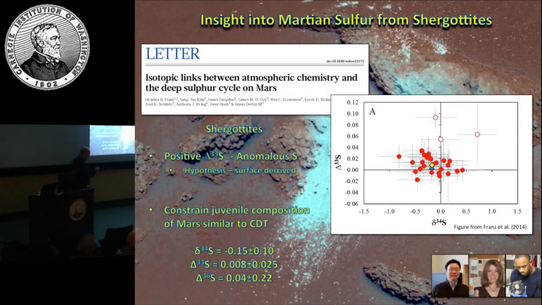This first plot here is from a figure by Heather Franz. This is Heather, this is Sang-Tae Kim, James Doughton. And these are analyses of Shergottites.